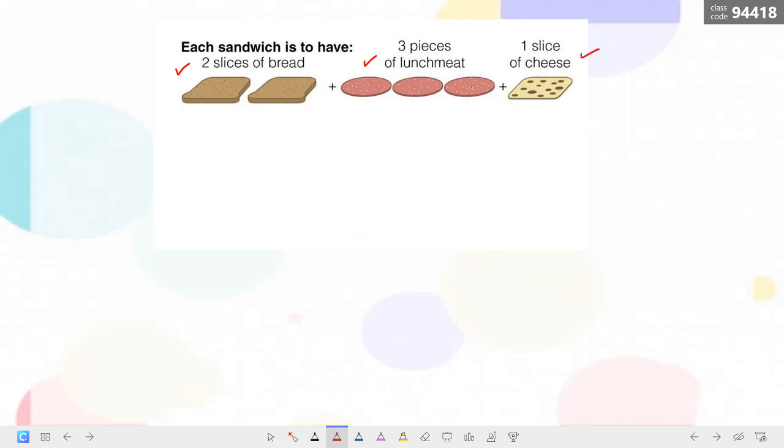So if I have these ingredients, I will get 1 set of sandwich. Secara teorinya, stoichiometrically, if I have this amount of ingredients, I will get 1 set of sandwich.